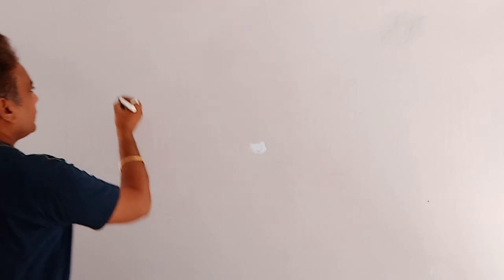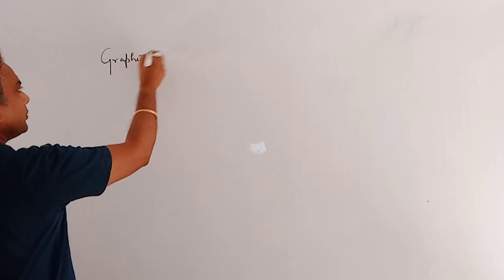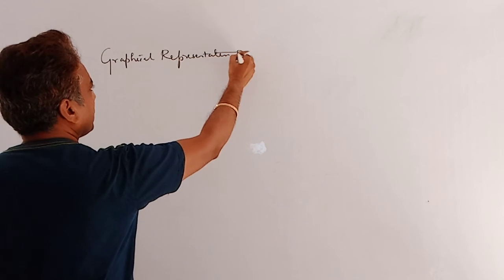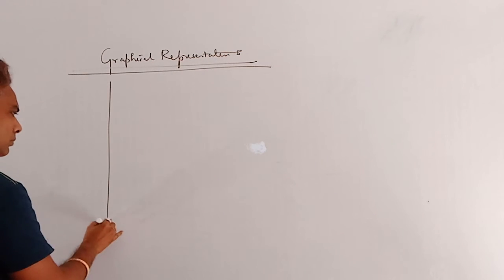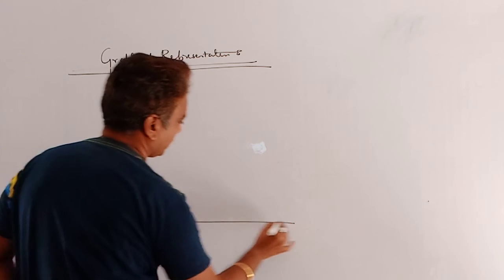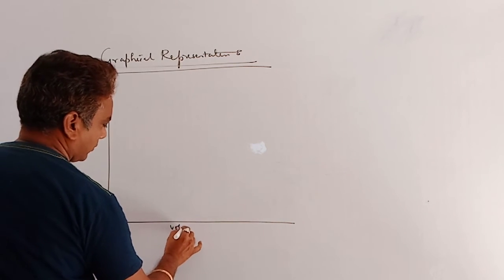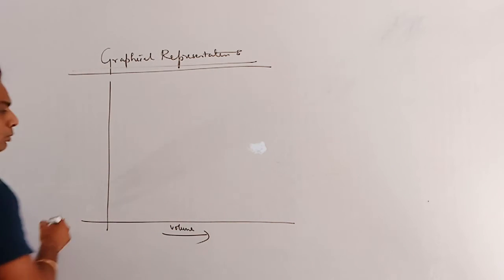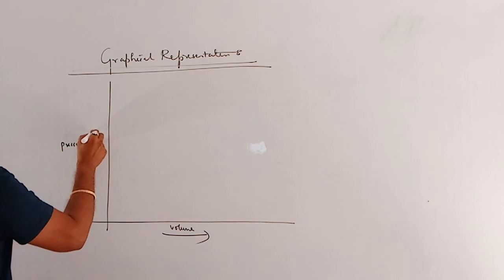Suppose the graphical representation: on the x-axis volume is taken, and on the y-axis pressure is taken.